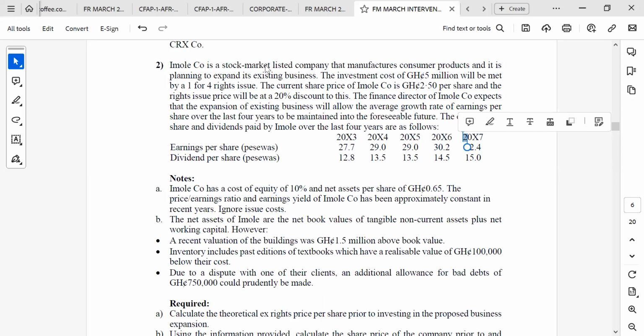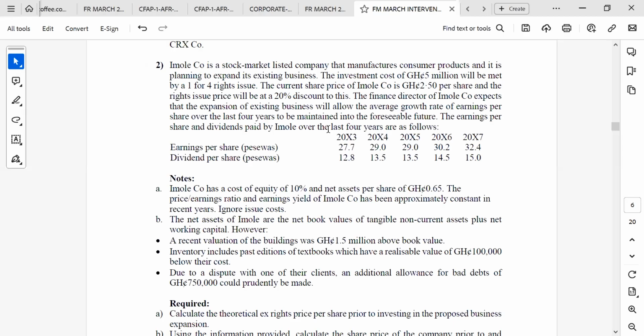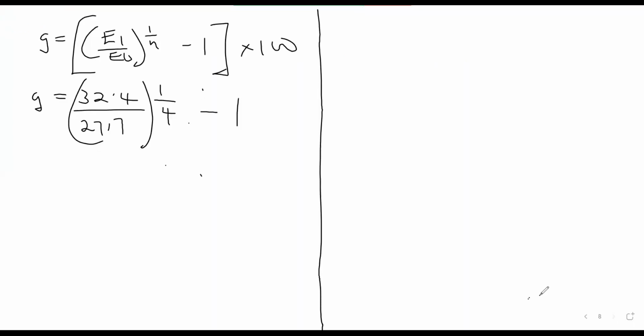So 32.4 divided by 27.7, all to the exponent 1 over the number of years of growth the earnings has experienced. That is 4, which is very important. So 1 over 4, minus 1, then you multiply the answer by 100. What are you getting?